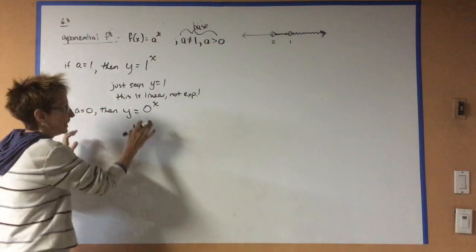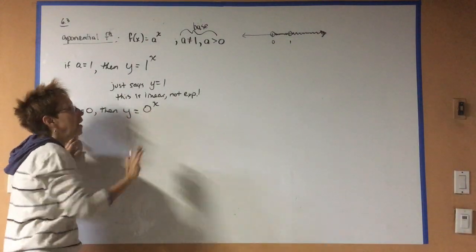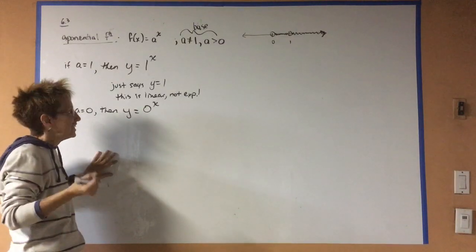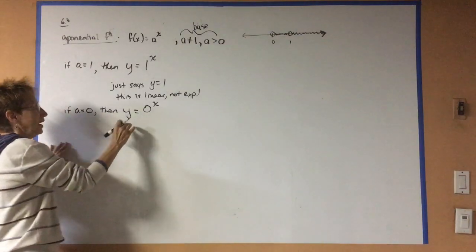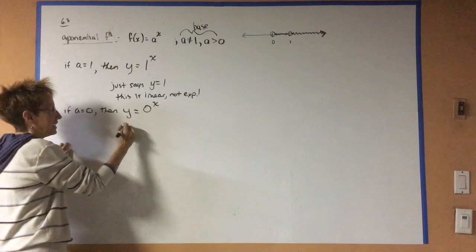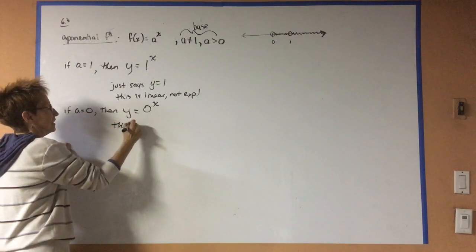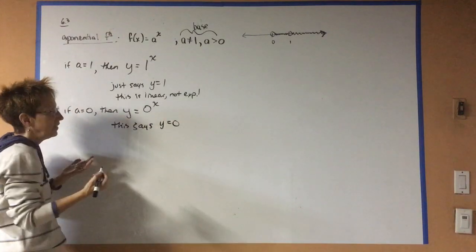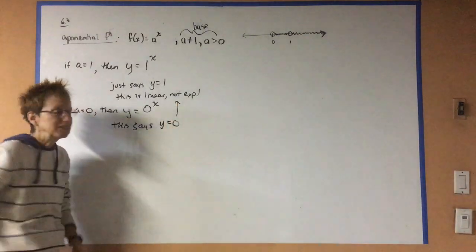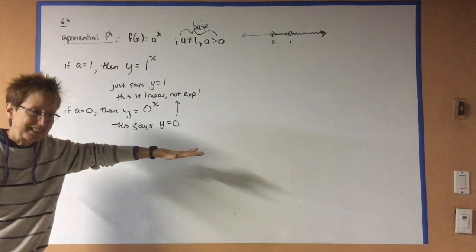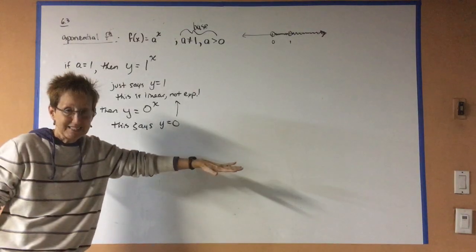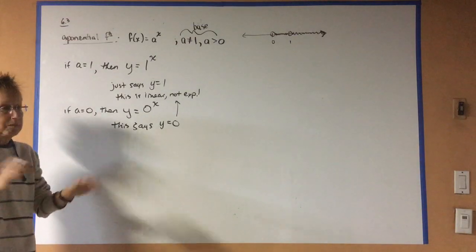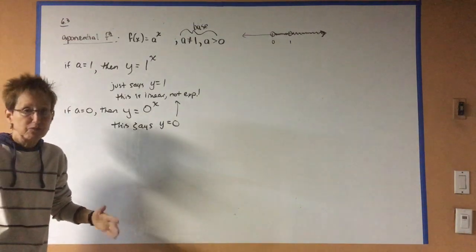So anyway, 0 to any possible power that gives you a real answer is going to be 0. So this basically says, y equals 0, and that's linear, not exponential. Y equals 0, horizontal line on the x-axis. So that's why those two guys are excluded, because they make it not an exponential function, they make it a linear function.